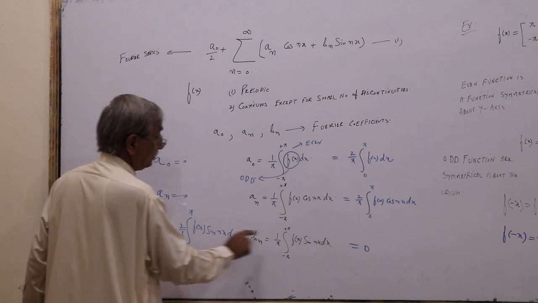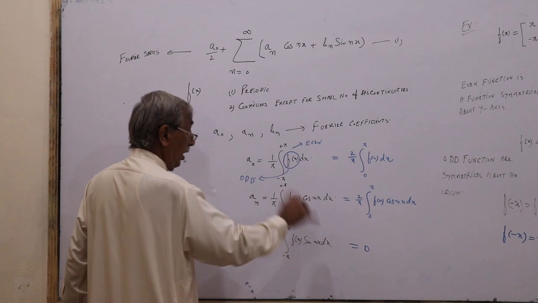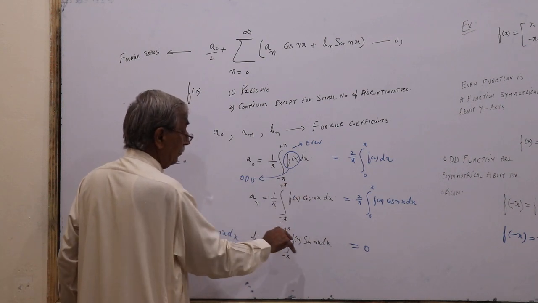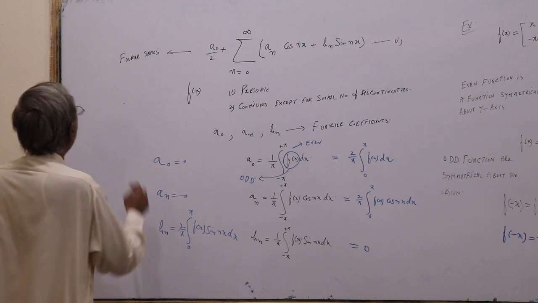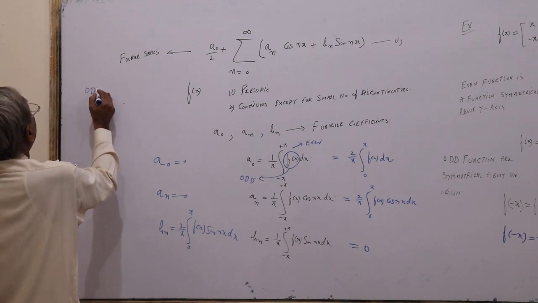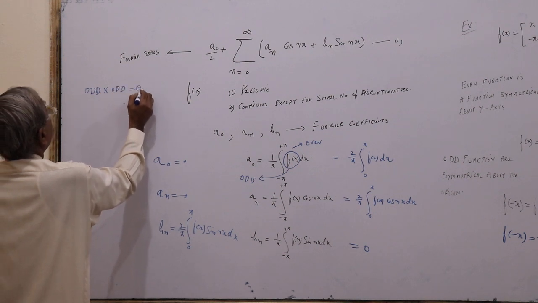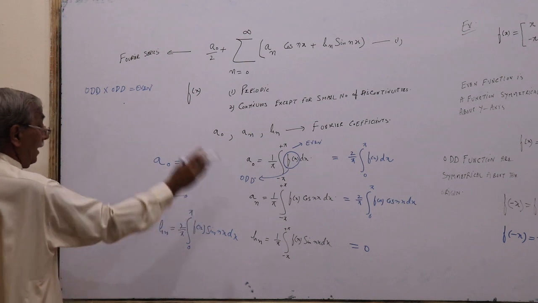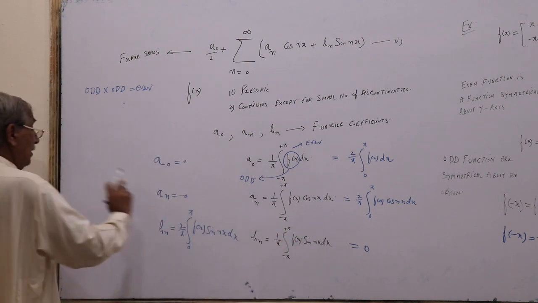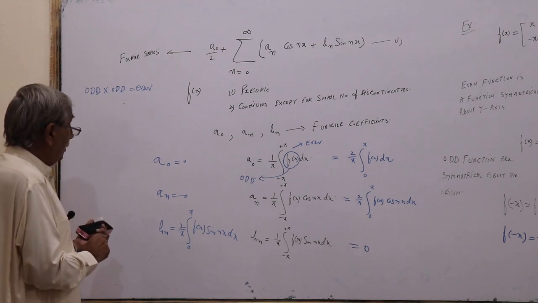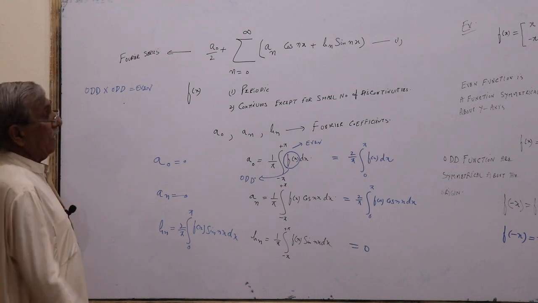With f(x) odd, sine nx is odd. Odd into odd is always even. Okay? So odd into odd is even. And hence this is an even integrand, which can be written as 2 over pi integral 0 to pi f(x) sine nx dx.